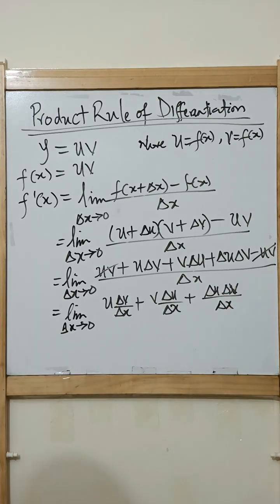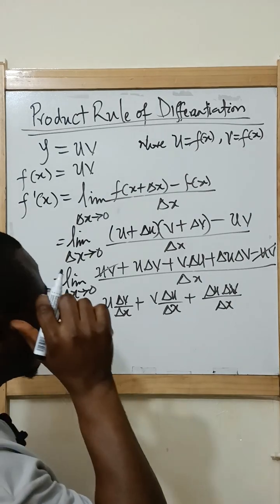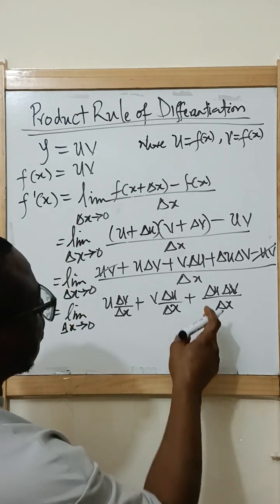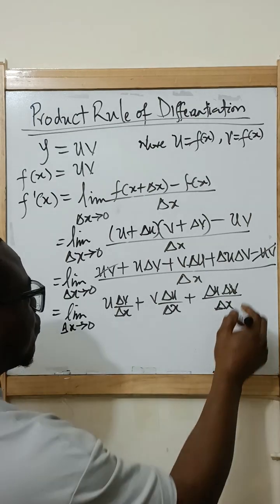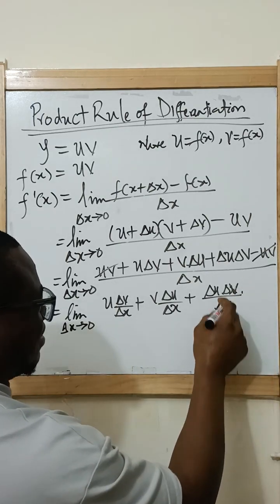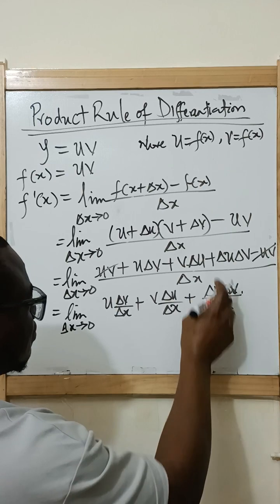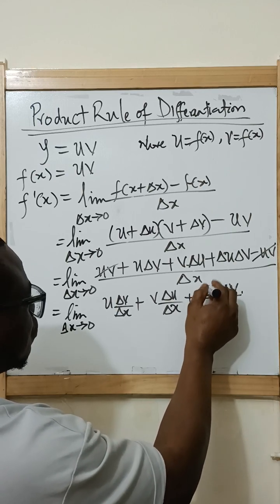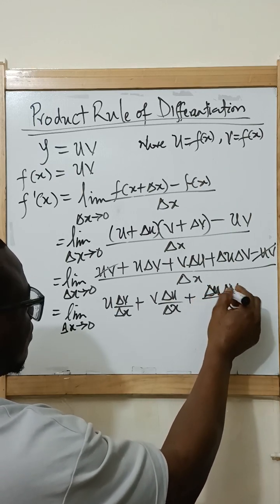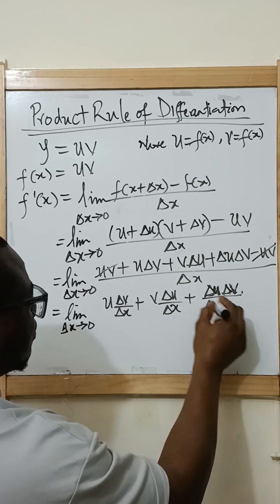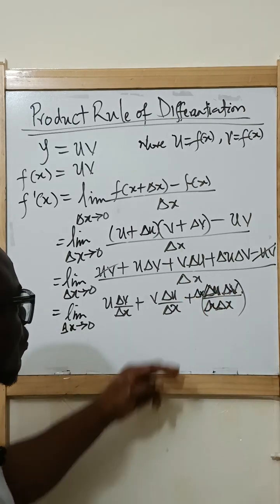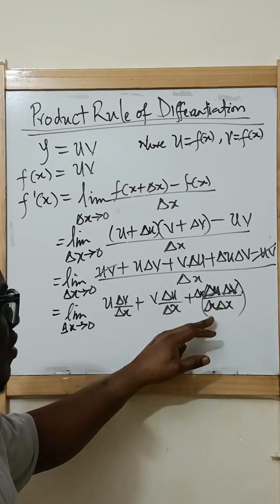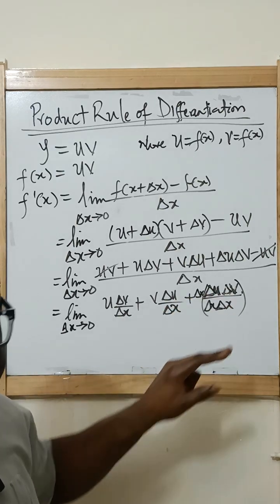If we look at this closely, we can multiply the top and the bottom by delta x, so that we have delta u over delta x times delta v over delta x.